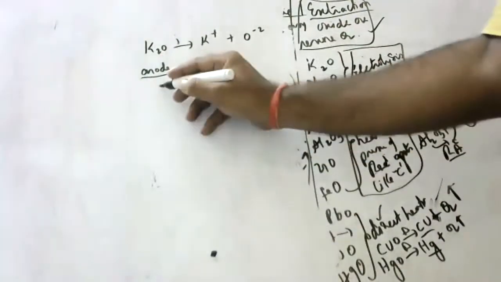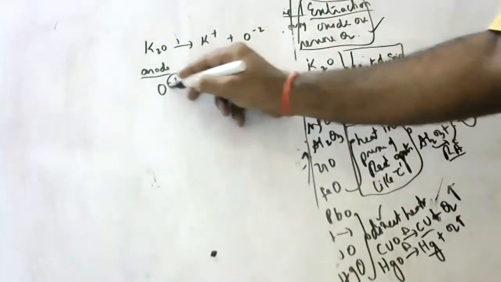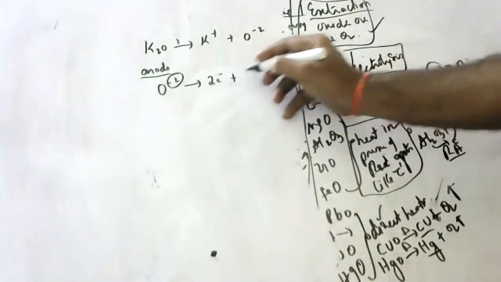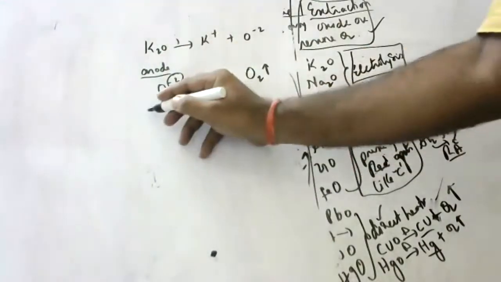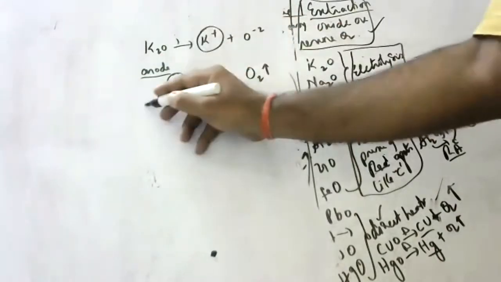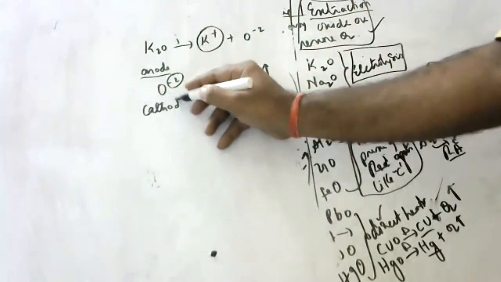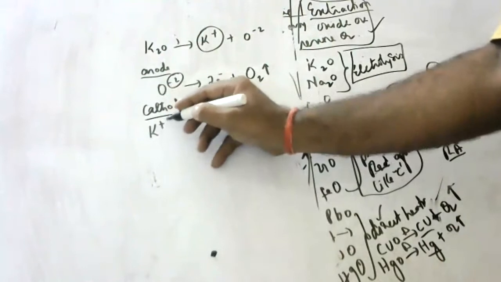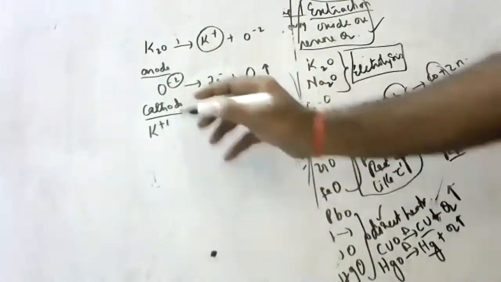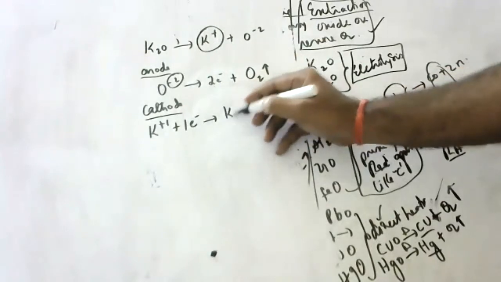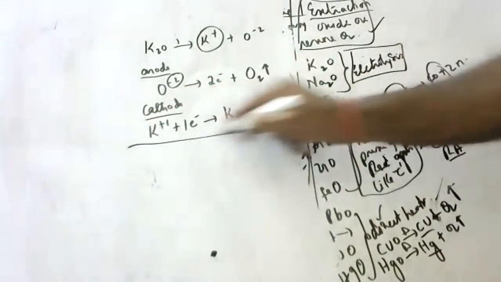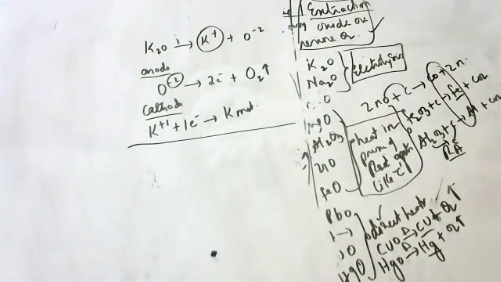After going to the anode, it will give two extra electrons which it is having and converts into oxygen gas and escapes into the atmosphere. Now, potassium, where will it go? It will go to the cathode. At the cathode, K plus is in need of one electron. It will take one electron from here and become potassium metal. Simple. That's it.